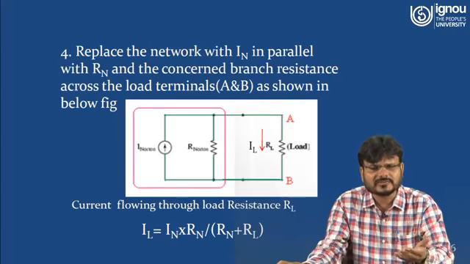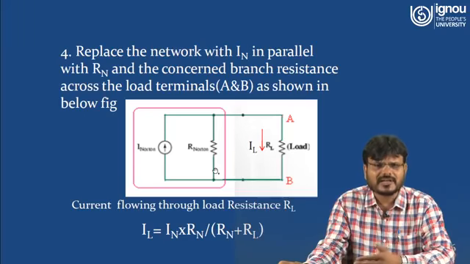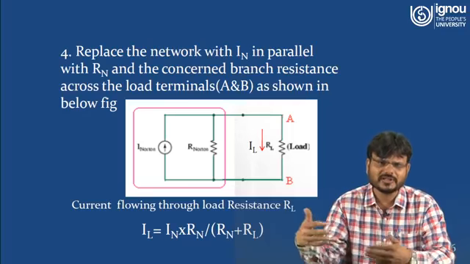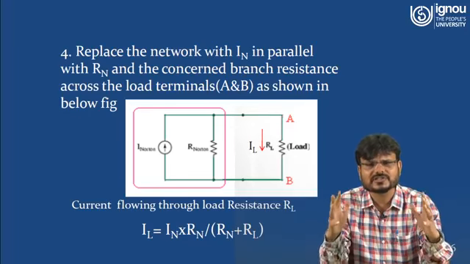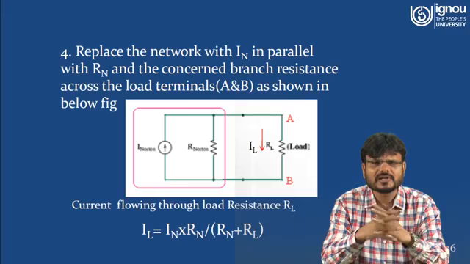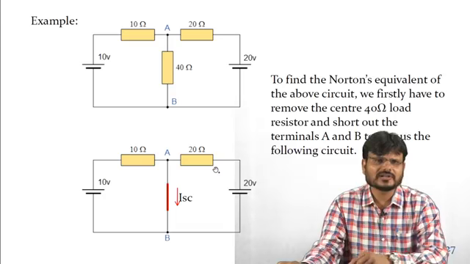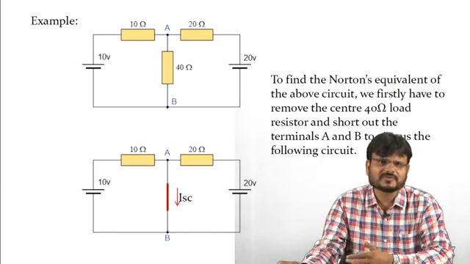The Norton current is nothing but the short circuit current flowing through the terminals, and the Norton resistance is the equivalent resistance looking from the two terminals into the network, while all independent energy sources are replaced by their internal resistances. The internal resistance of an ideal voltage source is 0, and the internal resistance of an ideal current source is infinite.